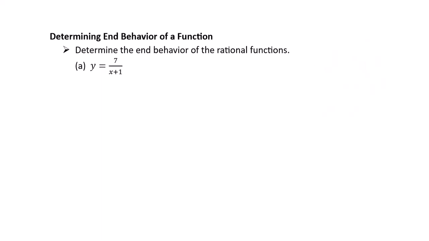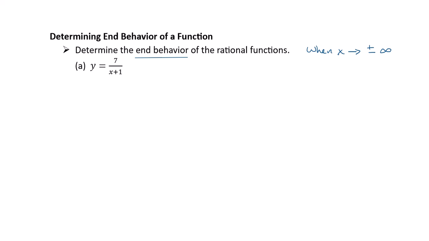Determining end behavior of a function. Let's determine the end behavior of these rational functions. The first one, y equals 7 over x plus 1. When we talk about end behavior, we're looking at when x approaches either positive or negative infinity. When this gets to be a very large x value, let's say 1,000,000, we would be saying 7 divided by 1,000,001.